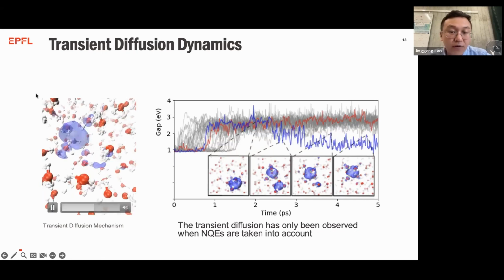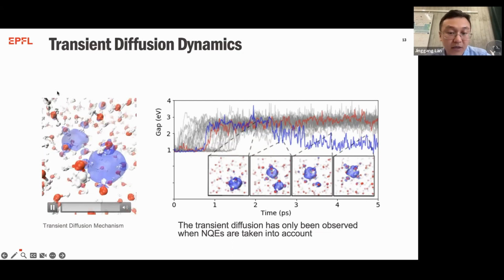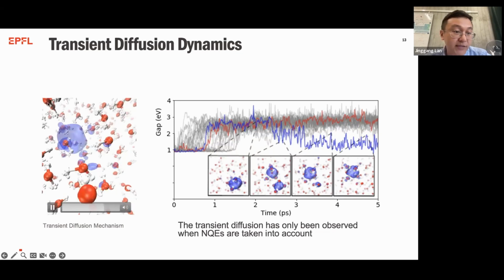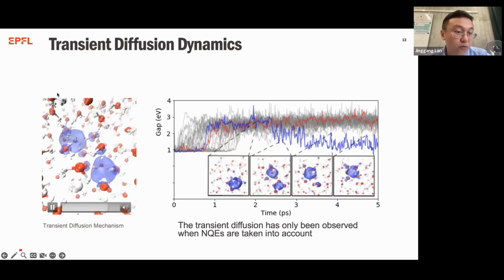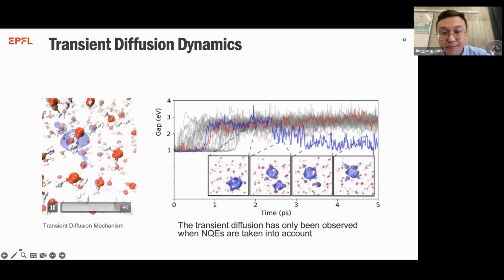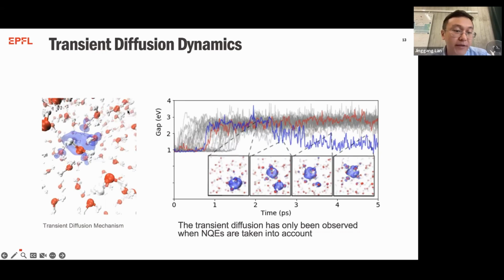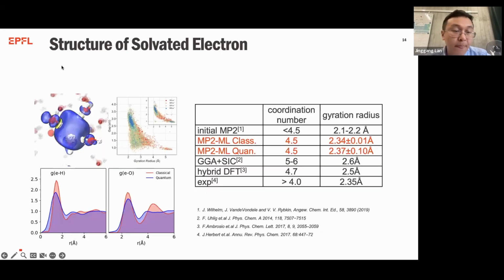The electron can shuttle between two cavities and may eventually complete a diffusion step, as one can see in this video. So the electron can actually jump from one to the other. This mechanism has only been observed when we include the nuclear quantum effect.